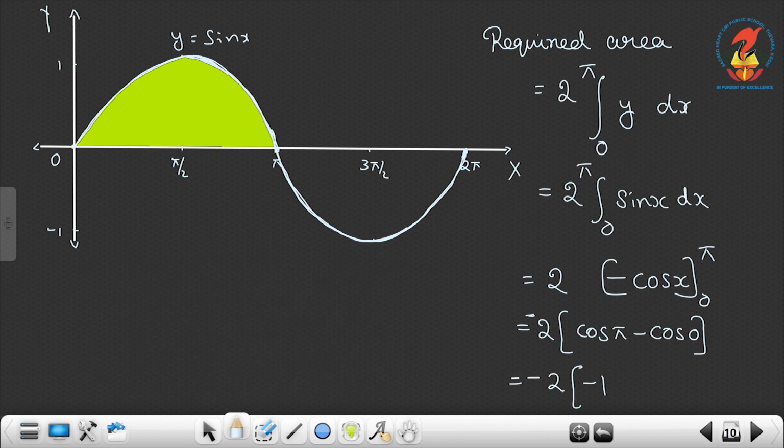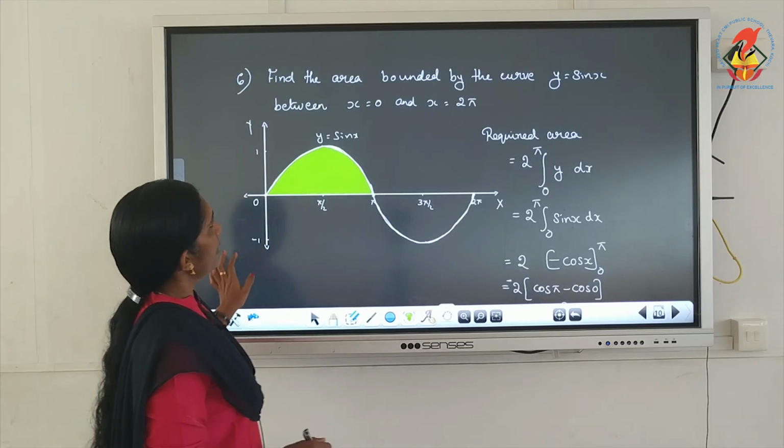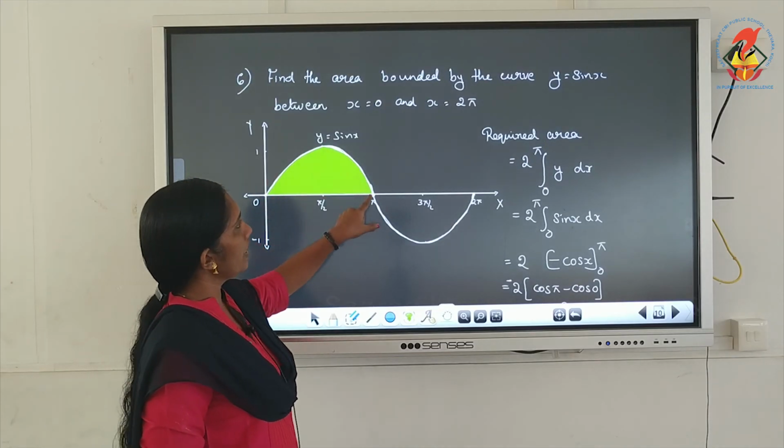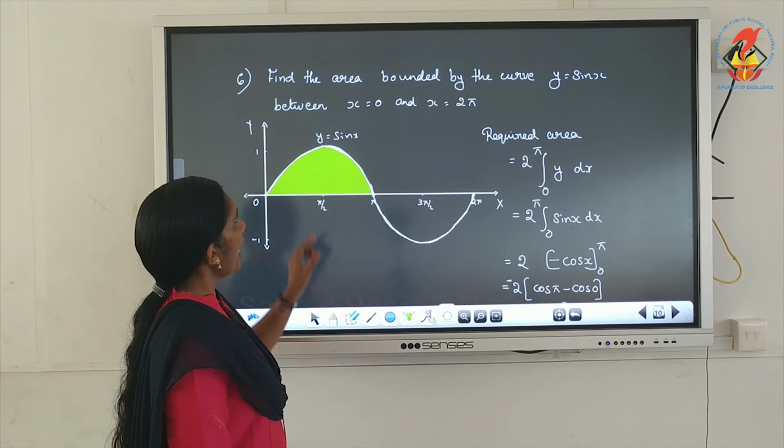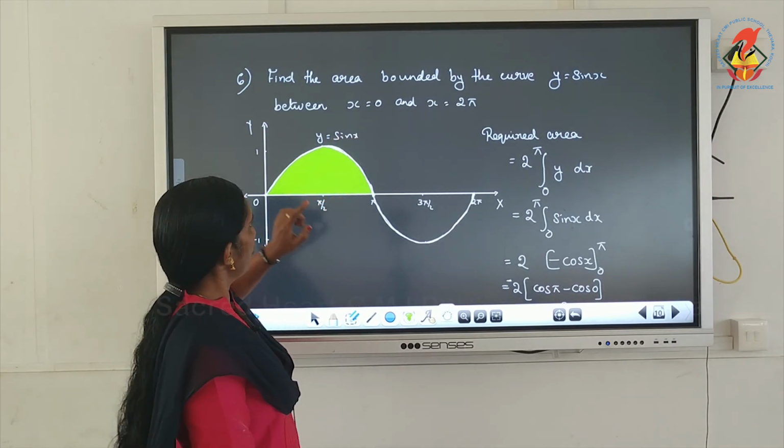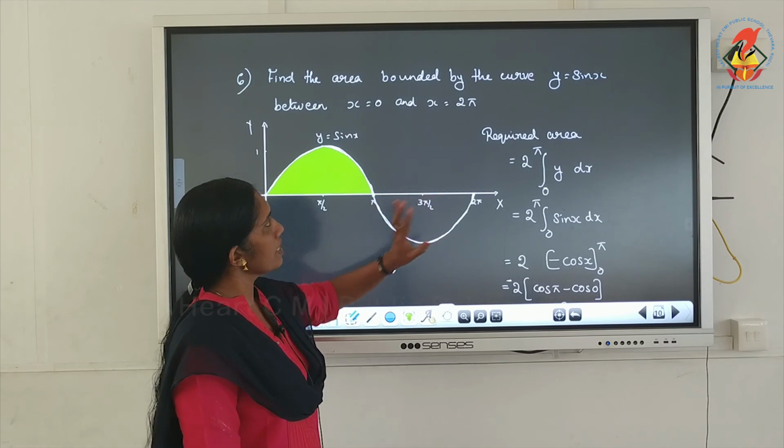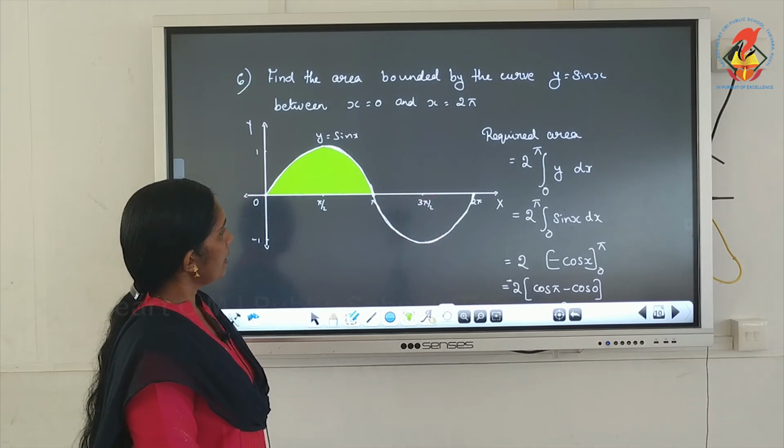Cos pi is minus 1, minus 1. So it is minus 2 into minus 2, which is 4. So the area of the region bounded by the curve y is equal to sin x and x is equal to 0 and x is equal to 2 pi, that is equal to 4.